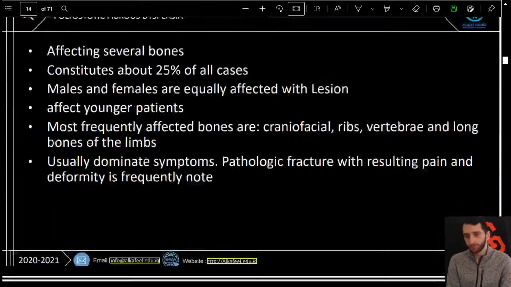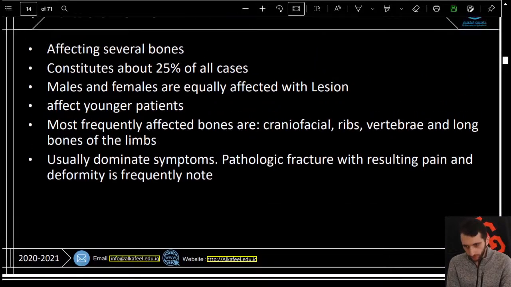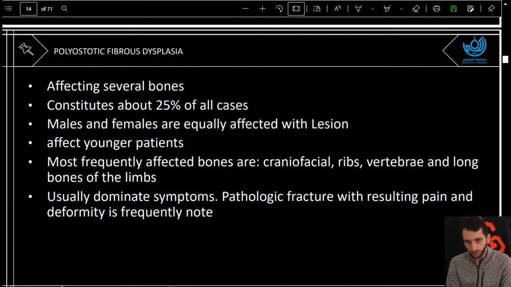Just like monostotic fibrous dysplasia, it affects males and females at an equal ratio. Only the age is different.